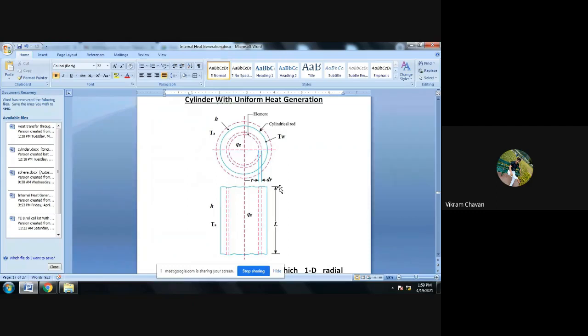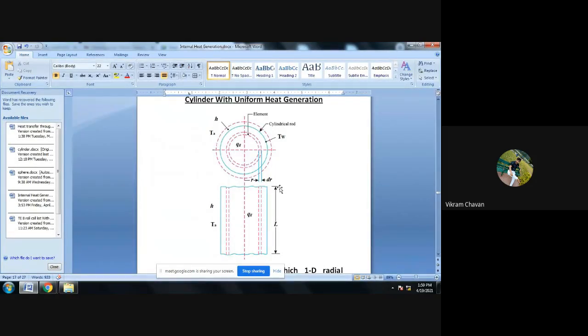First of all, we discussed the general equation with the constant, and then we calculated the maximum temperature location. We get that at the middle of the wall, and further we derived the maximum temperature at that particular location.